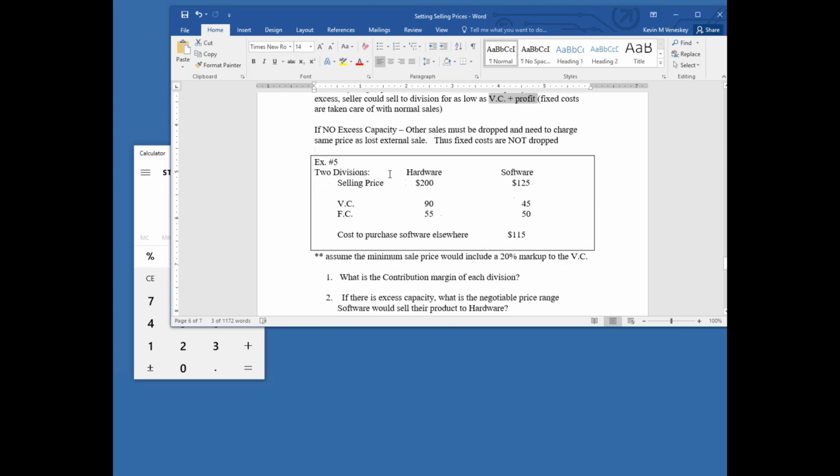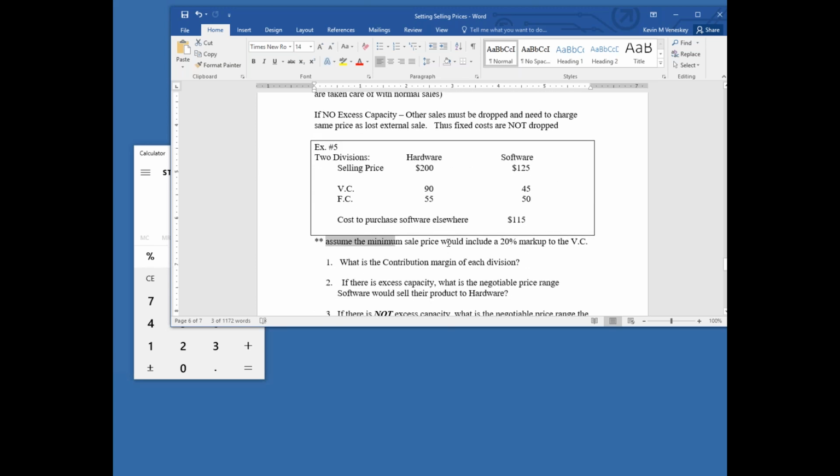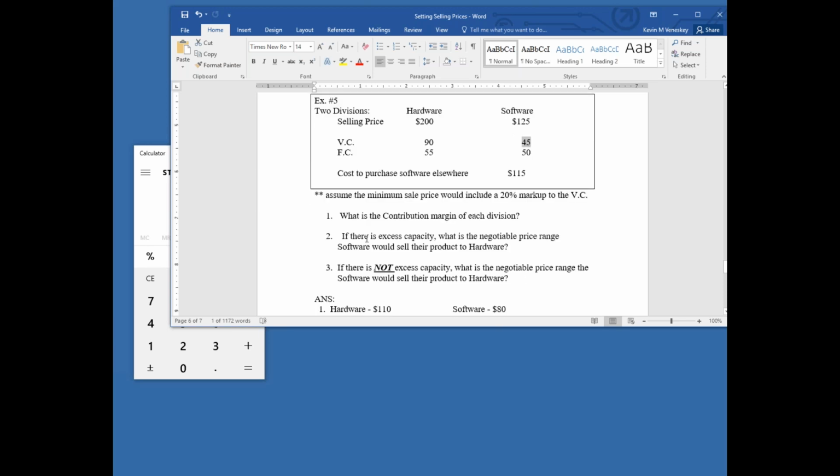But let's look at what would have to happen if we decided we have to make, in order for us to be viable, a 20% markup or a 20% profit on our variable costs. That's bare bones. So if there is excess capacity, the negotiable price range, because remember, the hardware doesn't know what our variable costs are for the software.